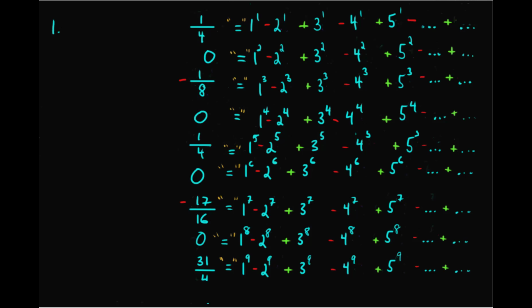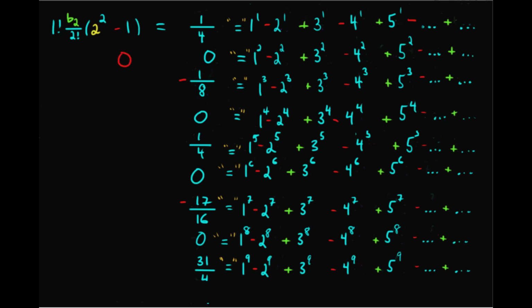So now we have a way of writing our generalized sums for these divergent series purely in terms of the Bernoulli numbers. We have, for example, that our very first series, 1 to the first minus 2 to the first plus 3 to the first minus 4 to the first and so on, to which we assigned the value 1/4, we found that 1/4 is actually 1 factorial times b sub 2 over 2 factorial times the quantity 2 squared minus 1. Our next alternating divergent series was assigned a value of 0.